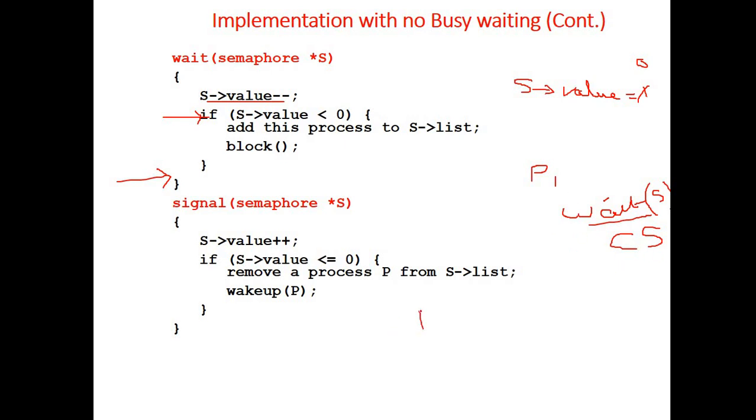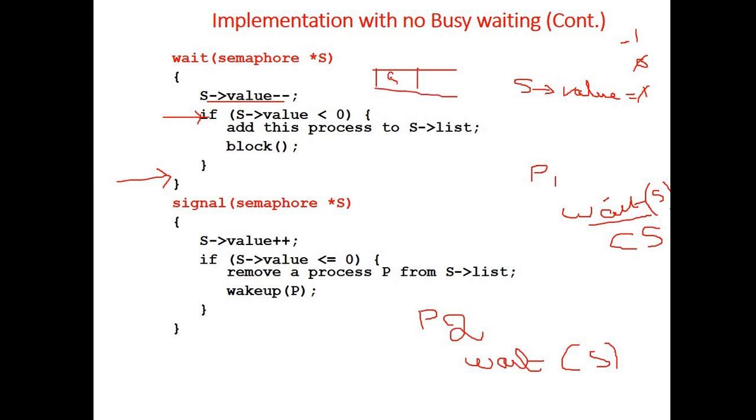Now process P2 wants to enter into the critical section. It calls the wait function on the semaphore variable. Here the value of the semaphore variable is 0, so decrementing it, it becomes -1. Since the value of the semaphore is less than 0, process P2 is added to the queue.